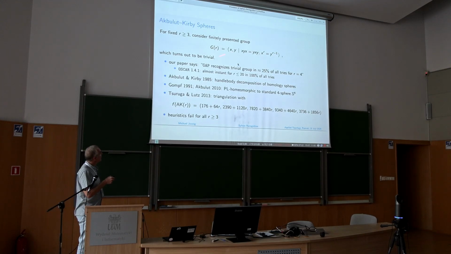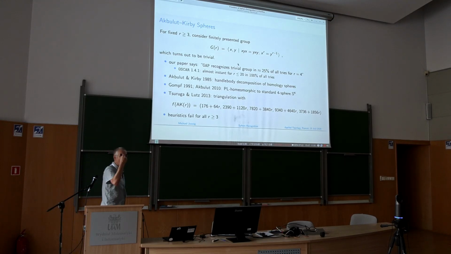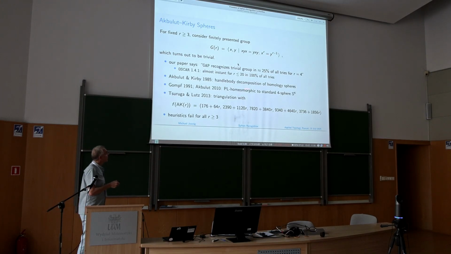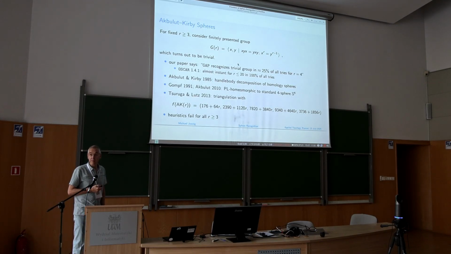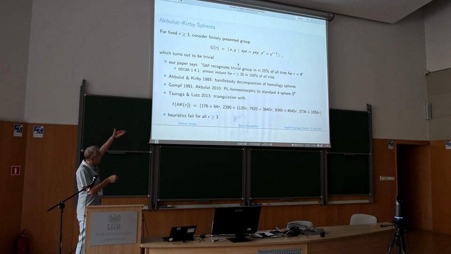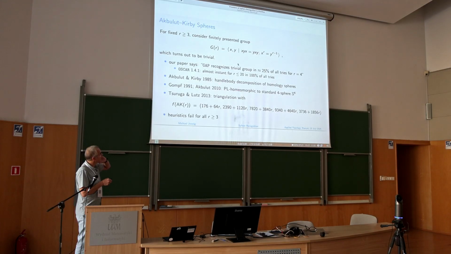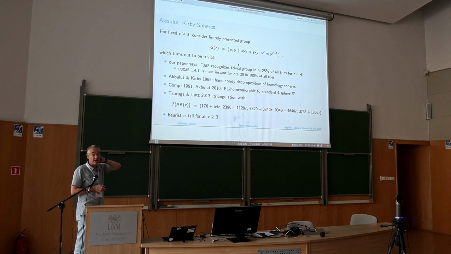But this particular group came up in work of Akbulut and Kirby, who wanted to construct exotic spheres, by the way. What they did was they took this thing and turned this into a handle-body decomposition of a manifold, such that this is the fundamental group. By construction, it is a simply connected space.